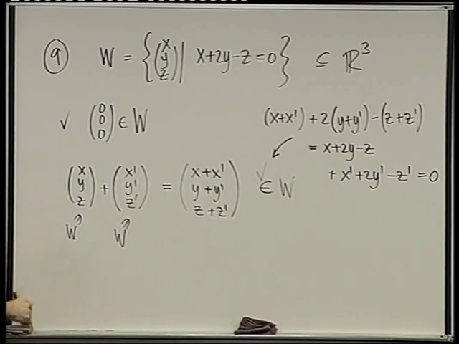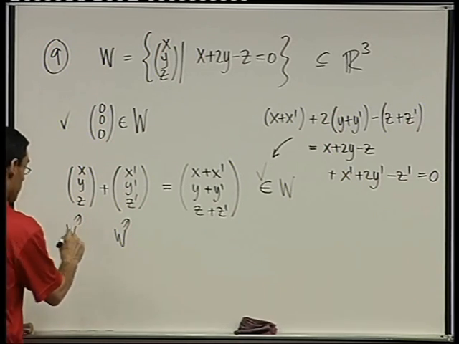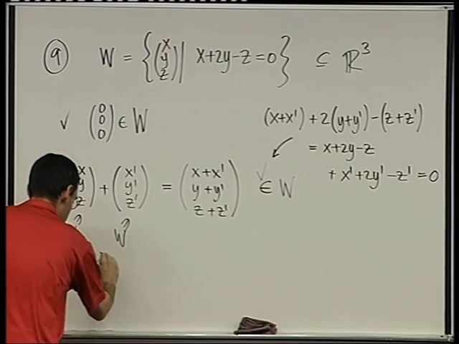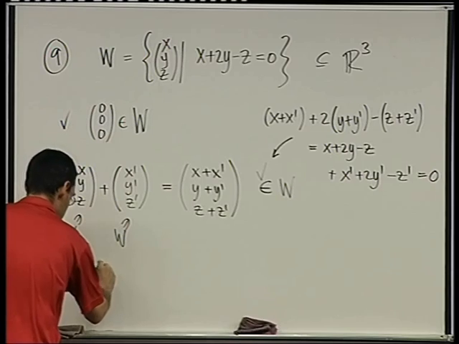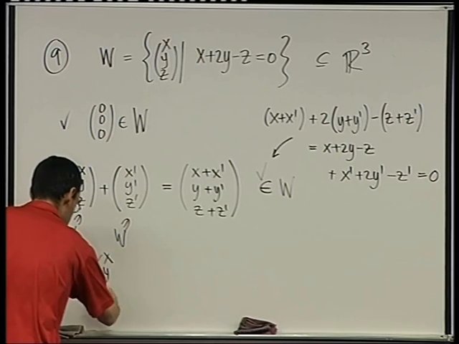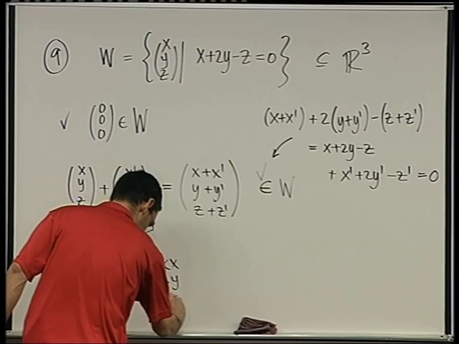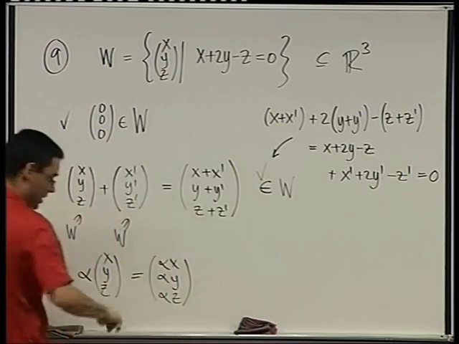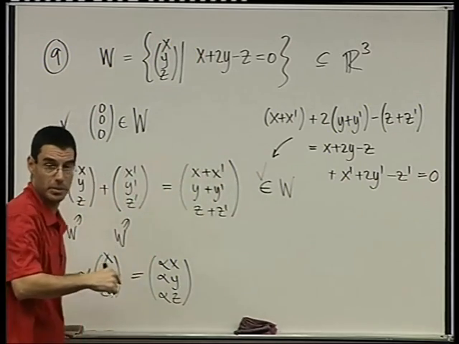Good. Let's check that it's closed under scalar multiplication. So suppose we take alpha times x, y, z. We get alpha x, alpha y, alpha z. Is this in W? And the answer is yes, from a very similar argument, right?